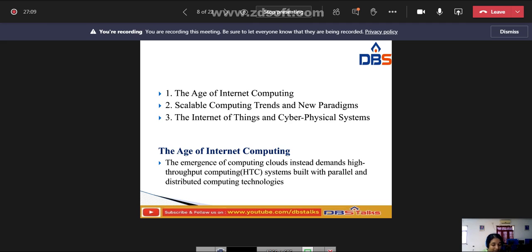In order to upgrade the data centers, we use fast servers, data storage systems, and high bandwidth networks. The purpose is to advance network based computing and web services with new technologies.